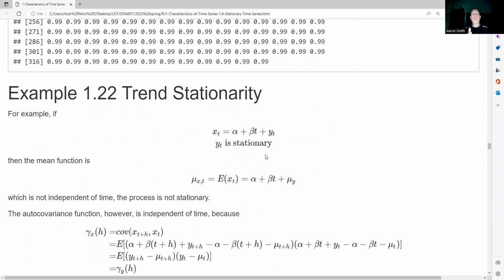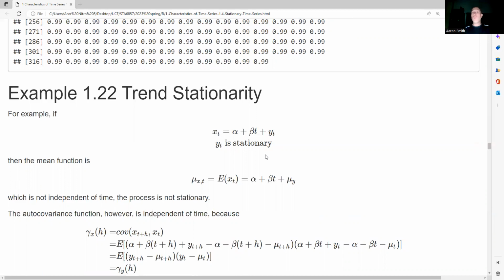All right, so now let's take a look at trend stationarity. If it's trend stationary, then there's a trend going on, and around the trend itself, we're going to have a stationary process. So the expected value is going to go along with that trend, and the autocovariance is going to be independent of time.